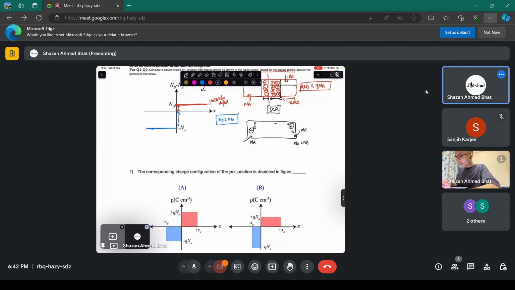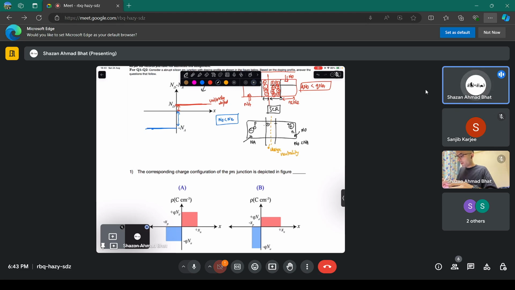And because there is a metallurgical junction where you have joined the two regions, P and N side, you have to maintain charge neutrality. Charge neutrality means that the charges on this side should be equivalent to the charges on the other side.